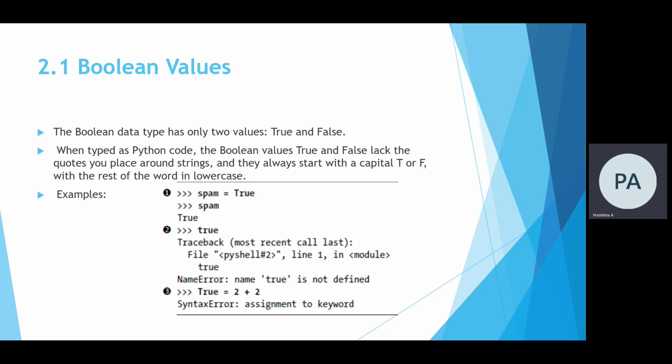The T is a capital letter and rue should be in small letters, so this will be treated as a Boolean value and you will not be able to use it as a variable. If I use a small letter, true is like a variable. But when the first letter is capital and I write True, that will be treated as a Boolean value.